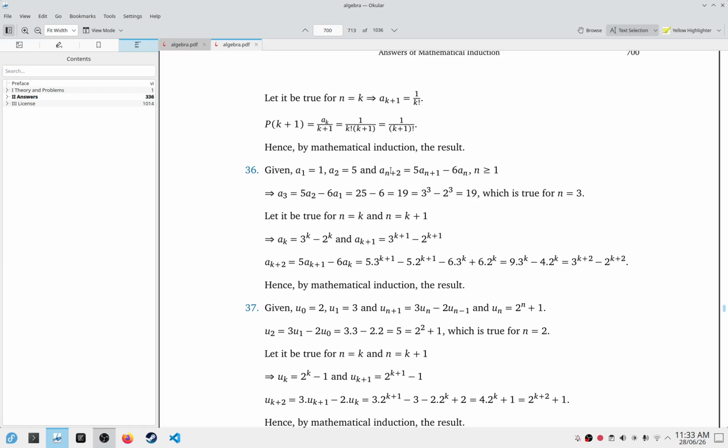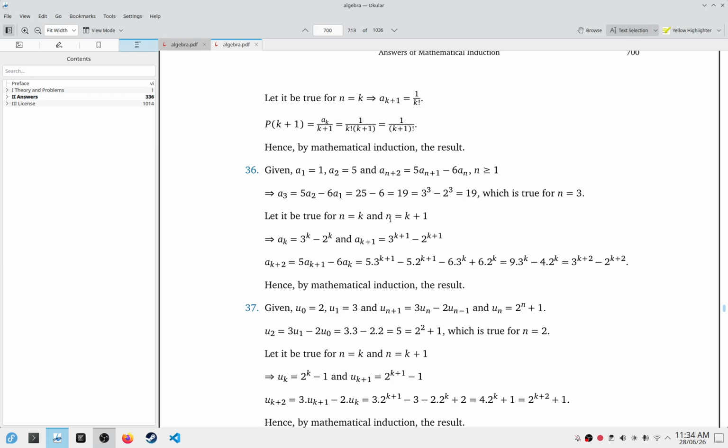We compute a3, which is equal to 5a2 minus 6a1, which is 25 minus 6 or 19, which is equal to 3 cube minus 2 cube, that is 19. Thus it is true for n is equal to 1. So this should be 1 because it is n plus 2.